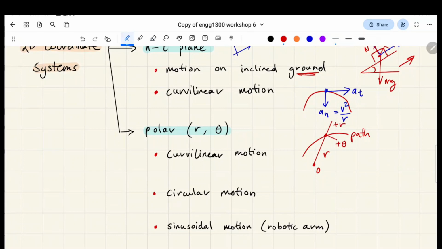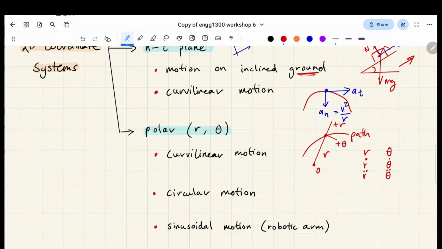So you'll be using things like r dot, theta, theta dot.